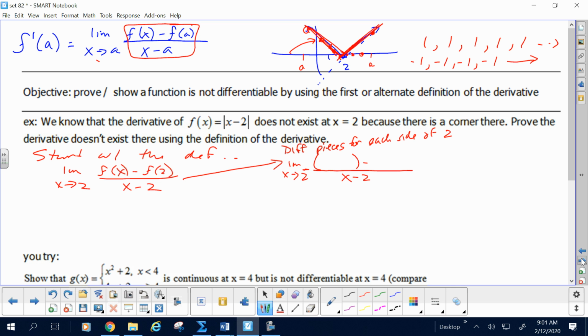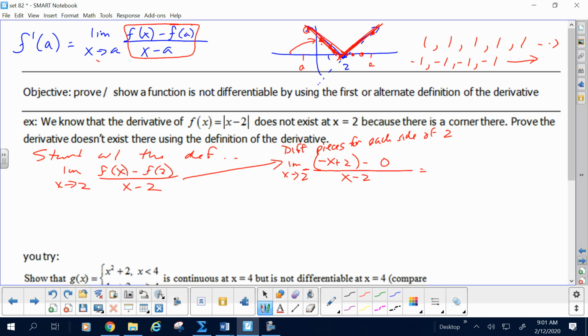All right. So I'm trying to figure out which will be easier for you. What's the equation for this piece? Negative x plus 2. And what is f at 2? 0. Okay? You down?